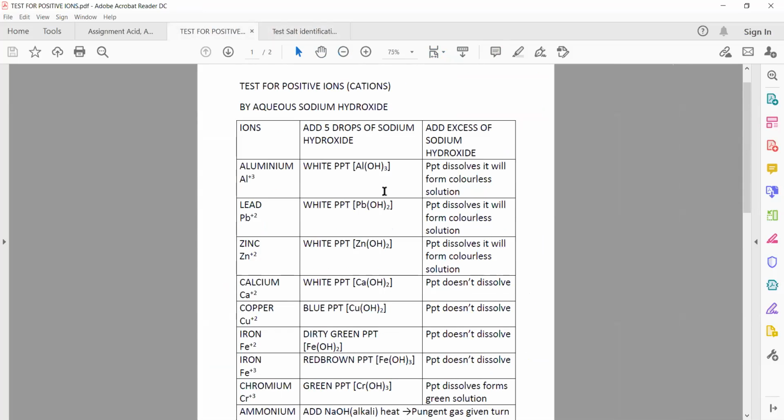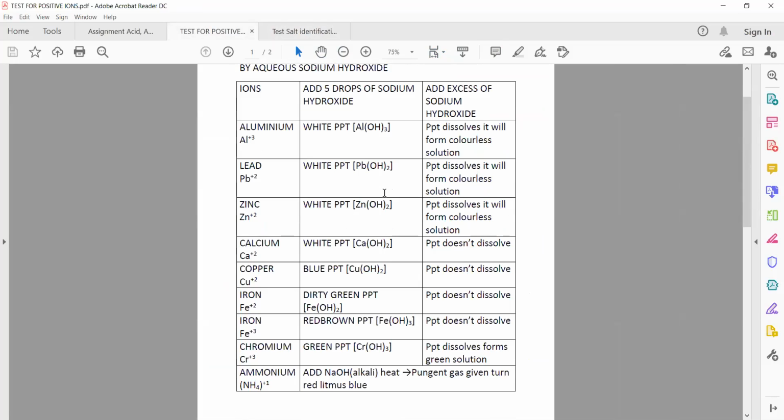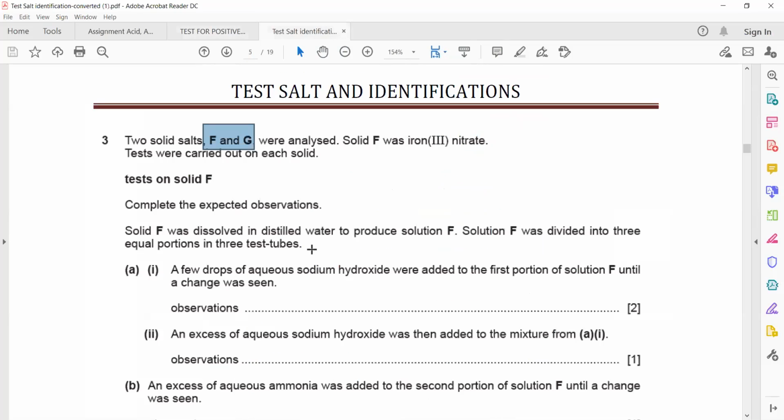You can use this table now because you did not memorize and you have iron 3. Yeah, red brown precipitate, that's good. So what we will write here, we will write red brown precipitate. Precipitate, you can write PPT.